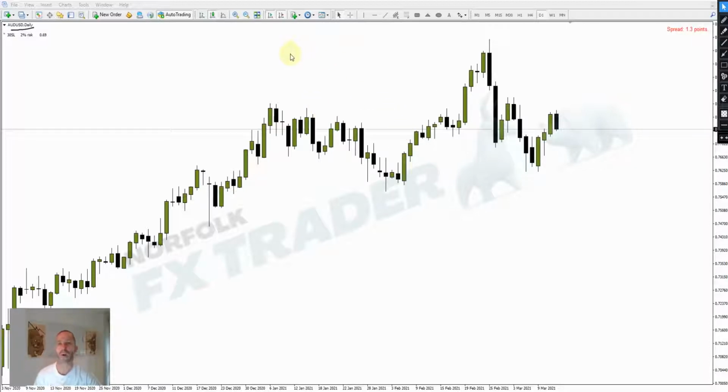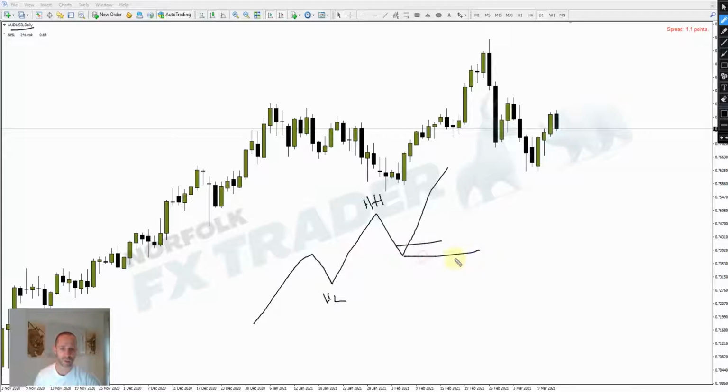Now it's all about understanding structure in the market. And when I say structure, I mean understanding the principle of that higher low in the market and that higher high. Okay, and we're using these higher lows where we're going to be marking out those areas of demand, where we'd then be looking for the market to come back into for any buy trades.